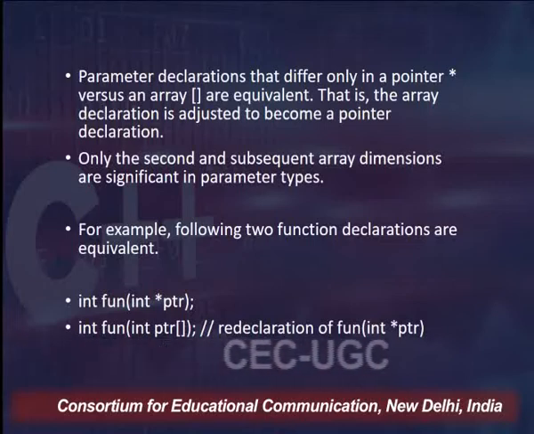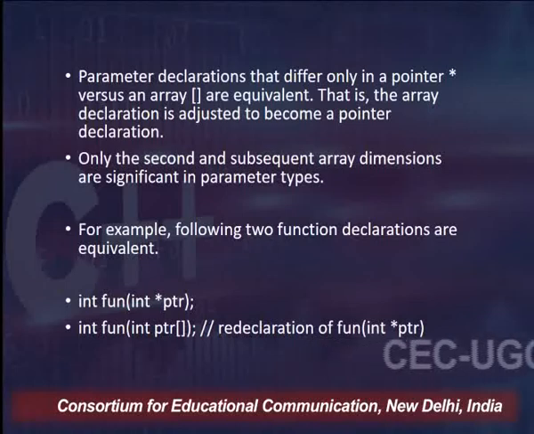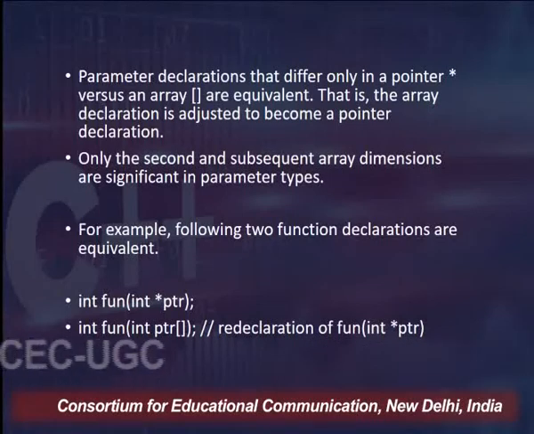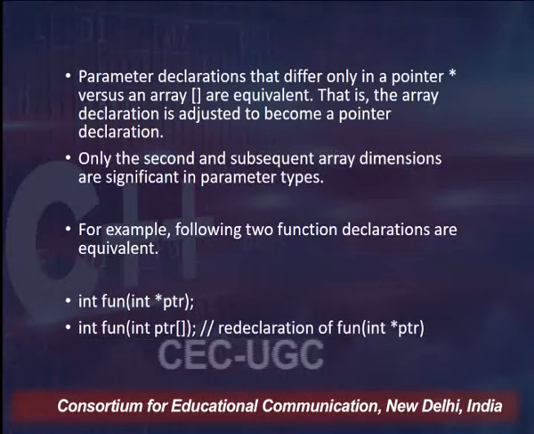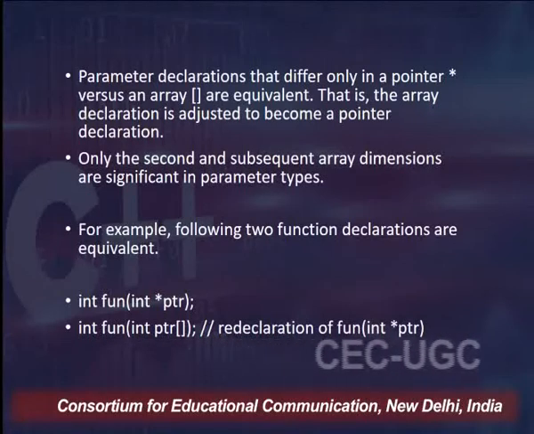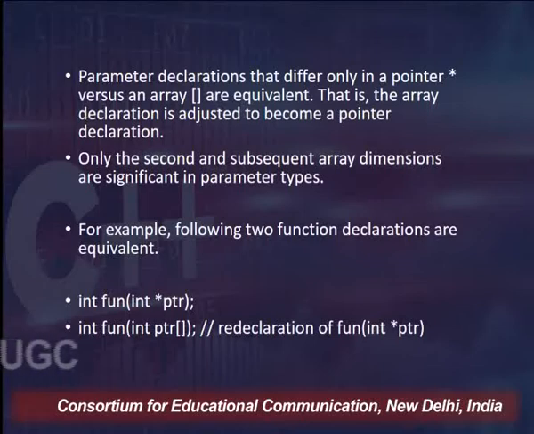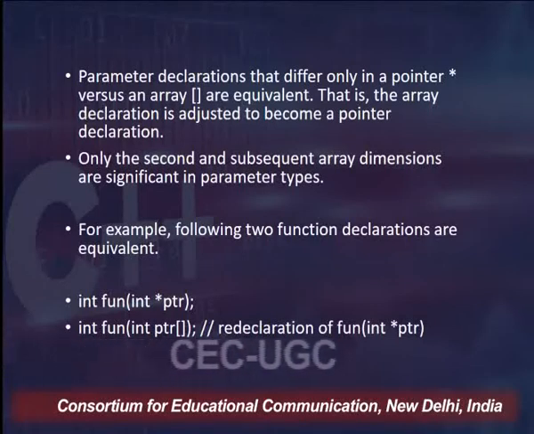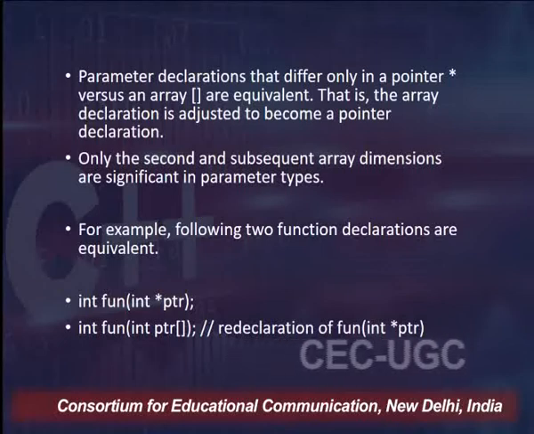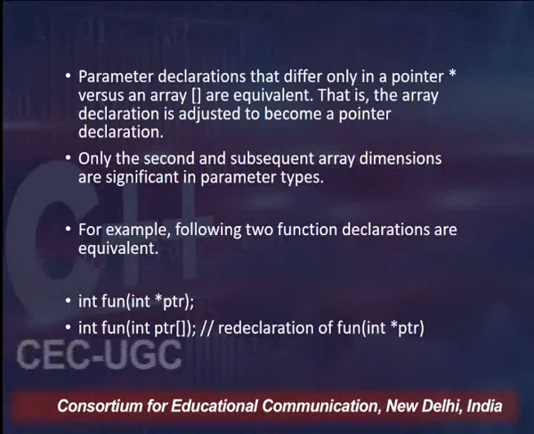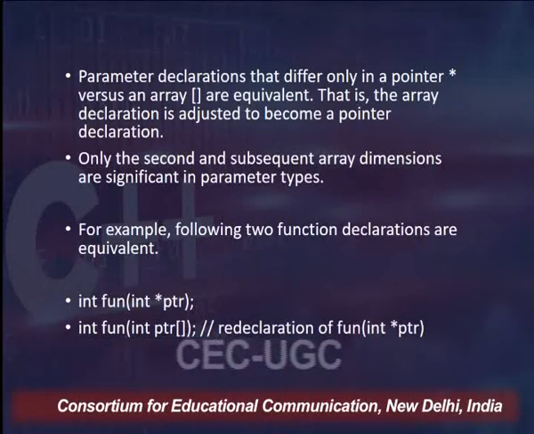What is actually happening here? It is a redeclaration of the previous one. The one taking the array is considered a redeclaration of the previous one taking the pointer. So the array declaration is adjusted to become a pointer declaration, and only the second and subsequent array dimensions are significant in parameter types. So these two prototypes are considered equivalent.